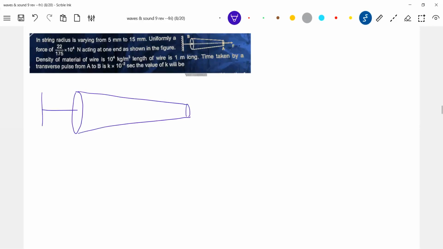It is connected like this. The rod is connected and this is the axis. Here is where the force F is applied. What is the state of this particular wire? A string only, whose radius is varying.